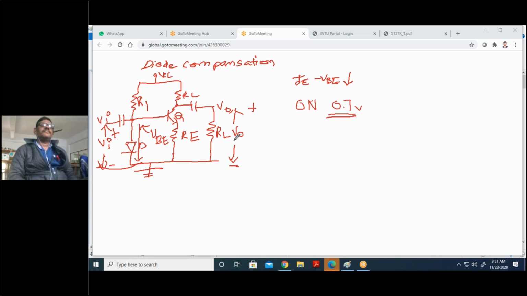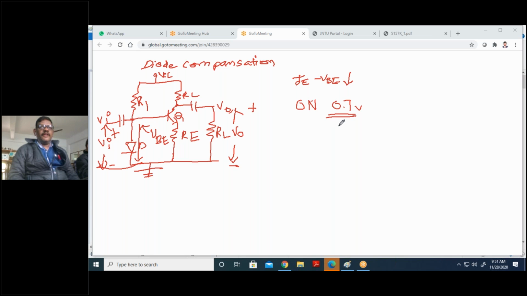The same current flows through the emitter, meaning the same voltage is developed across VBE, the input voltage.